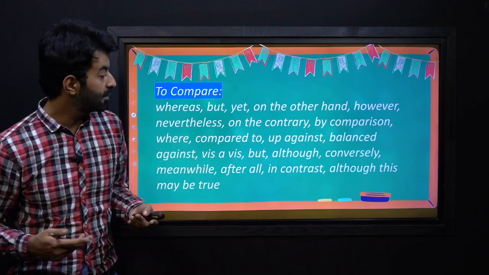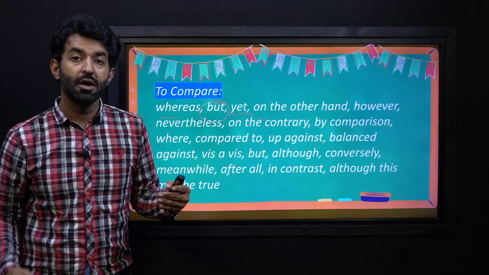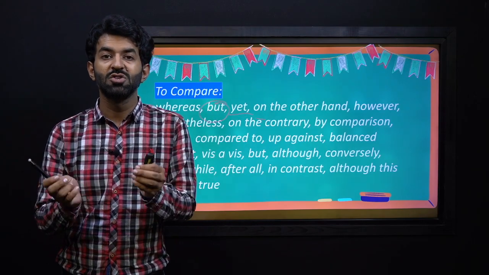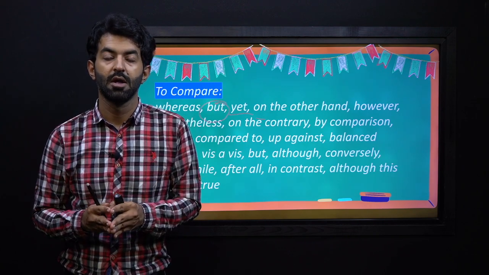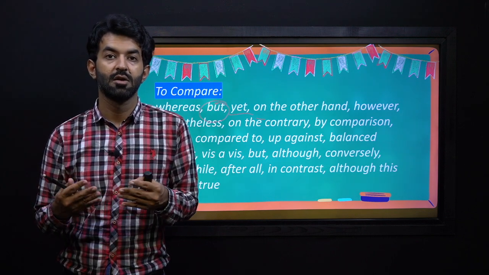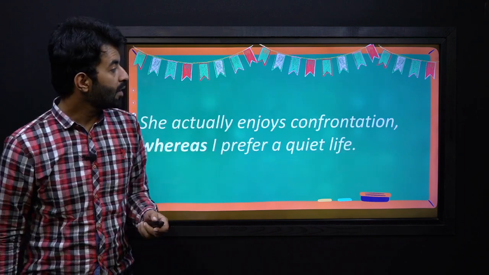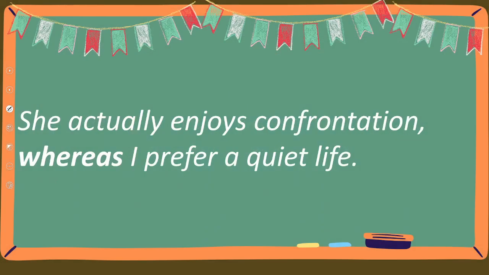Now you can note them down. They are whereas, but, yet, on the other hand, however, and so on. Now you noticed that some conjunctions are also working as transitional devices or words, because conjunctions are also linking ideas and things together. For example, she actually enjoys confrontation, whereas I prefer a quiet life.